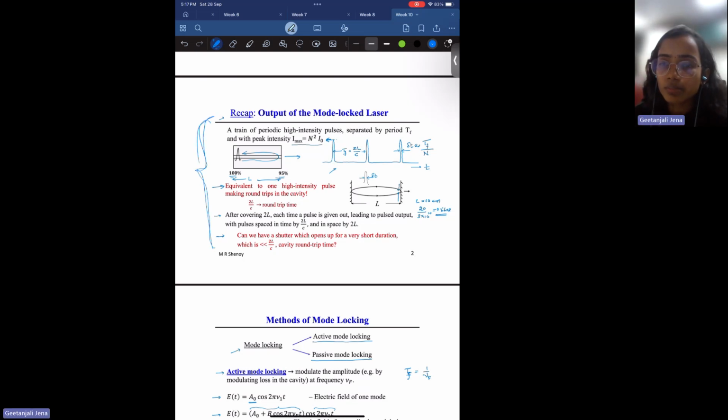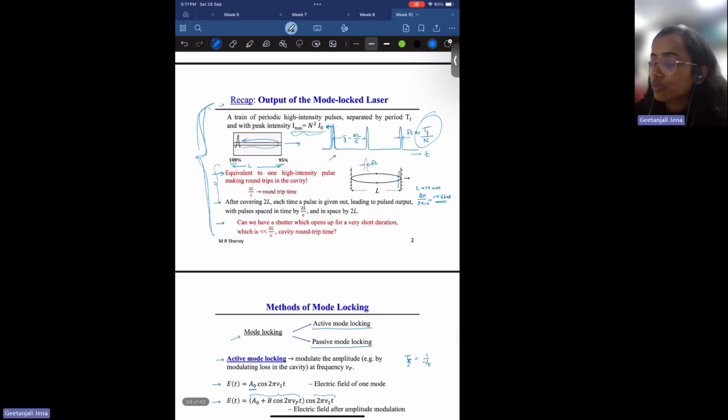In a mode locking system, a phase locking system, where the phase of all longitudinal modes is constant, given by delta zero, it is possible to achieve a pulsed output where the maximum intensity is given by N square times I zero, and the peaks are separated by Tf, which is equal to 2L by C, and the width is given by Tf by N. And this is equivalent to the one round trip path of a high intensity pulse.